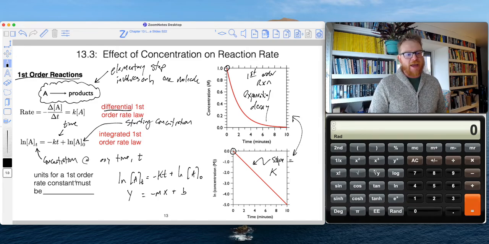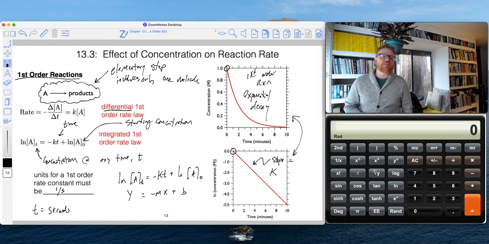So now if we look at the units, okay, one thing we should recognize whenever we have natural logs, the number inside a natural log will cancel. So if we look at our units here, this is kt, so those units have to cancel. And so if time is expressed in seconds, so we'll say t equals seconds, that means the unit of a first order rate constant is 1 over seconds.